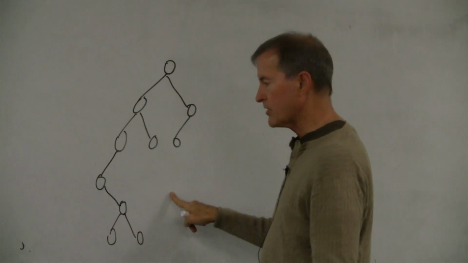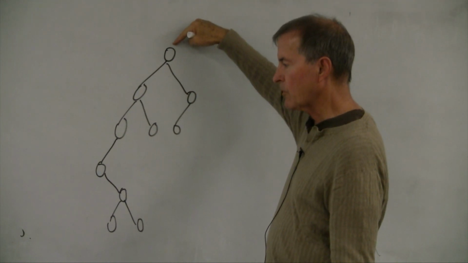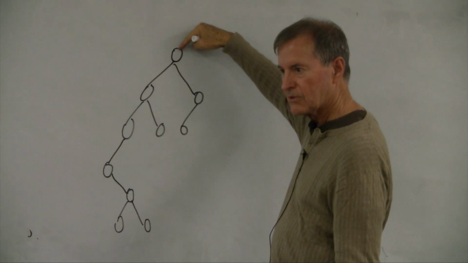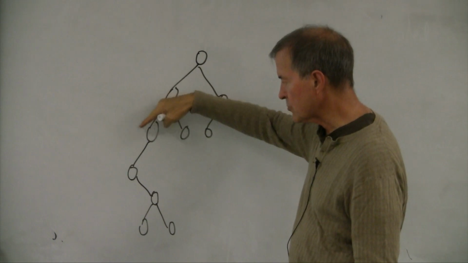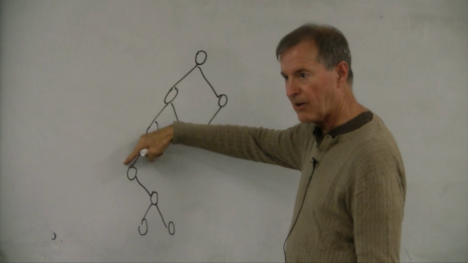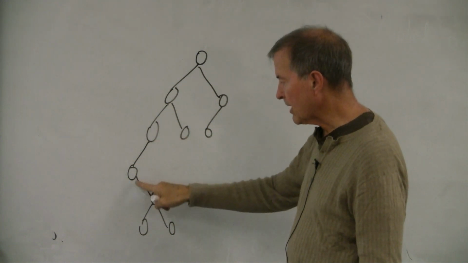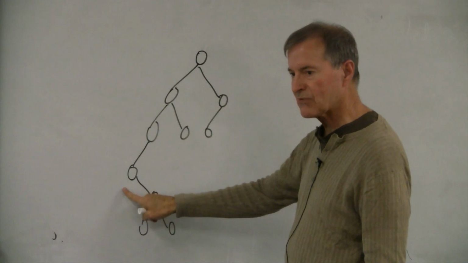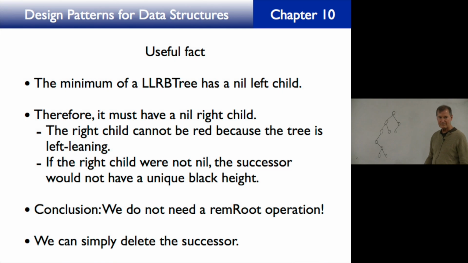If you want to find the minimum value, the minimum is going to be less than the root, so you'd go to the left. It's got to be less than this, so you go here, and you keep going left. When you reach the minimum, it can't have a left child, because if it did, it wouldn't be the minimum. Is everybody clear on that? Okay.